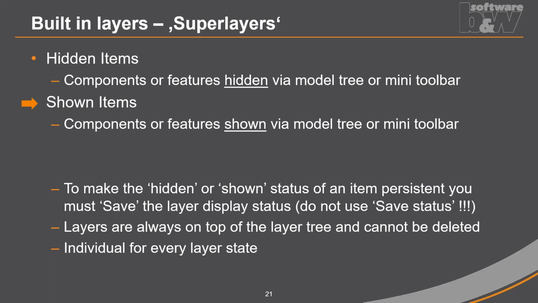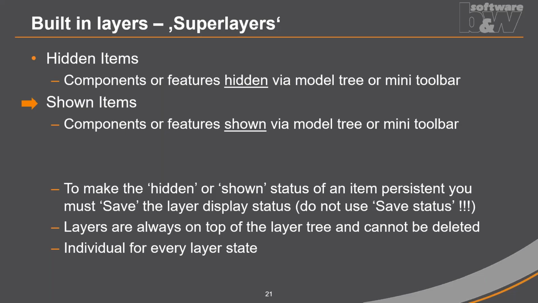And this is kind of tricky because if you're in your layer tree and use right mouse button, there's two commands that you could use. It's either save or save status. And for this case, you need to hit the save button. Don't use the save status. That's for a different purpose.